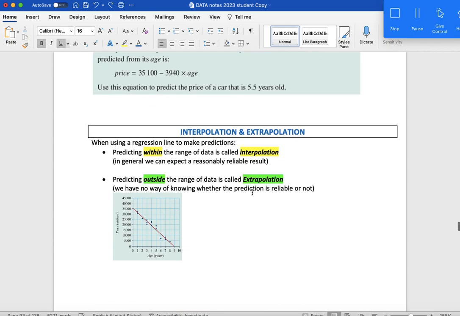So predicting outside is called extrapolation and it's not reliable. So you'll see questions in there where they talk about, is your prediction reliable? And this one we did was yes, and you would say yes because it's interpolating, and you might write a little explanation as we're predicting within the data.